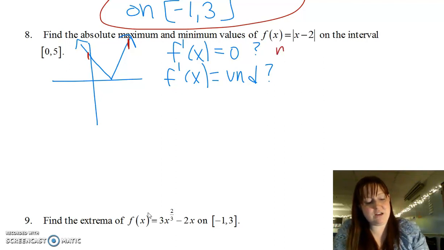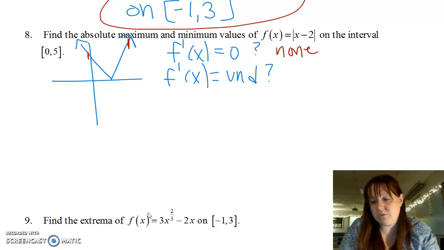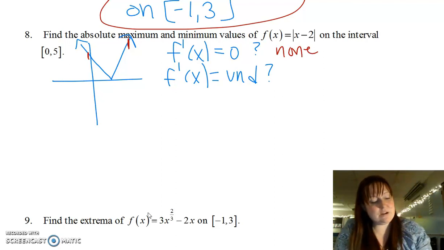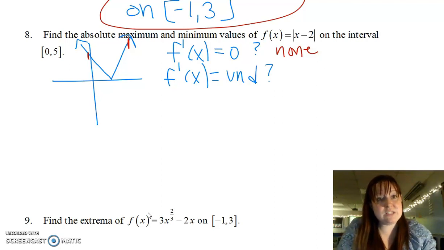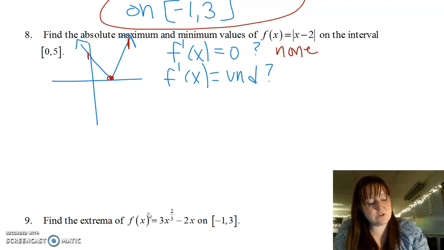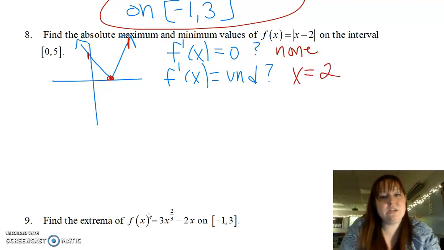So there's no spots where the derivative is equal to 0. But where is it undefined? Well, remember, the derivative is undefined anywhere we have a sharp turn. We can't differentiate where we have a sharp turn. So right at this point, we have an undefined slope. So at x equals 2, because we know that's our vertex, our derivative is undefined. So that's one of our critical points.